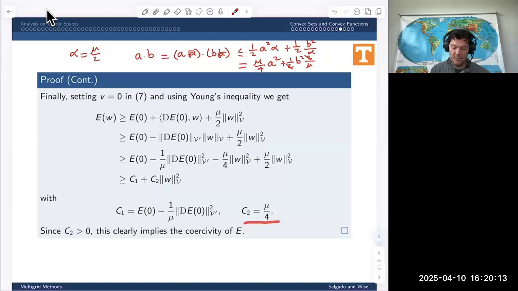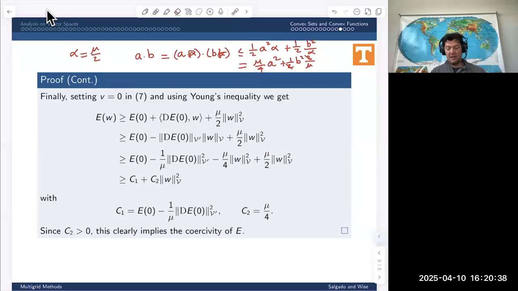So I've made that mu over 4. This term, I don't care. I don't care if it's positive, negative, or anything in between. I'm not worried about it, because I just want to be assured that this is going off to infinity. If this is negative, so what? This still goes off to positive infinity, and there's no way this can defeat that process.